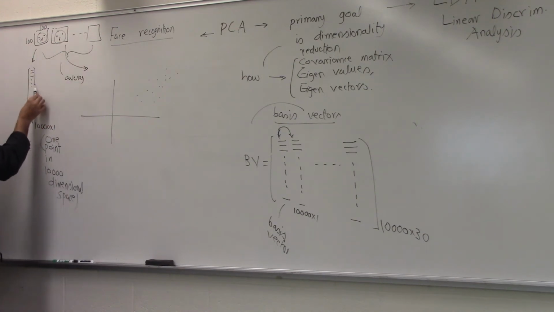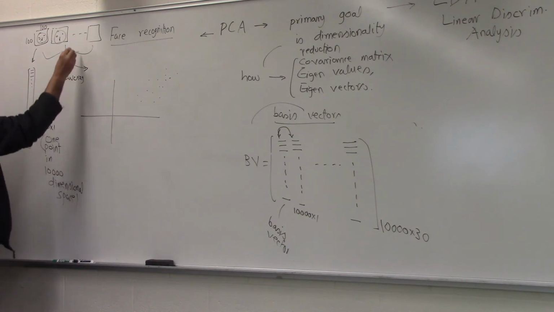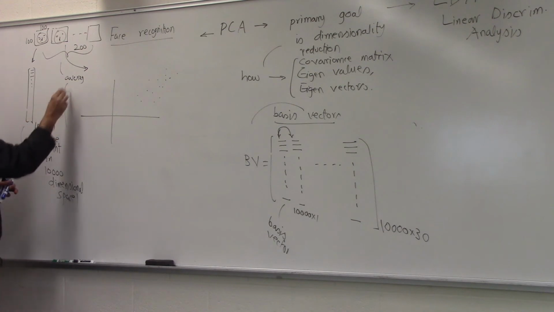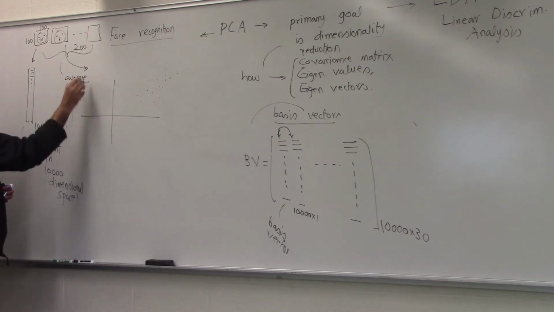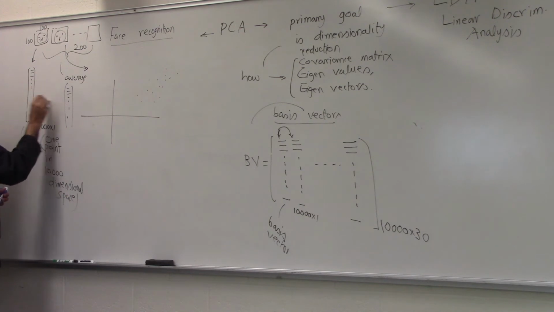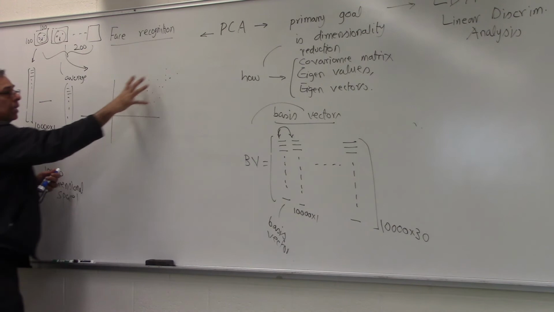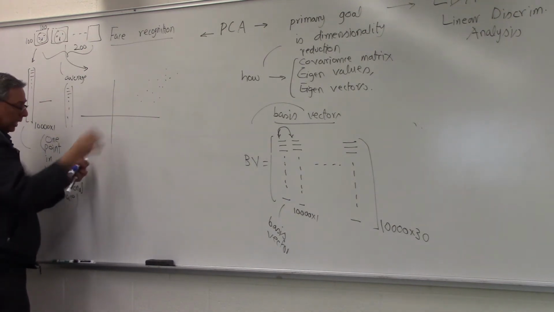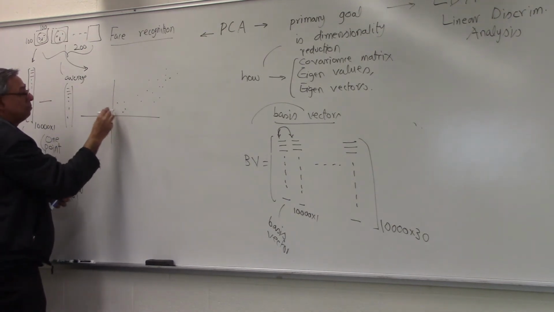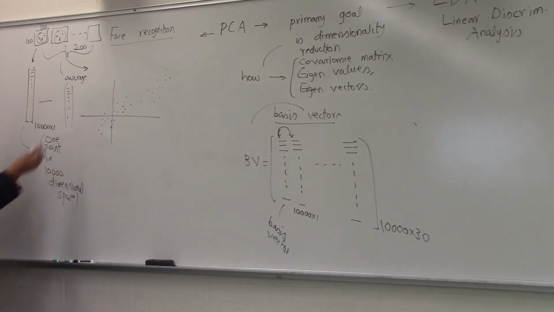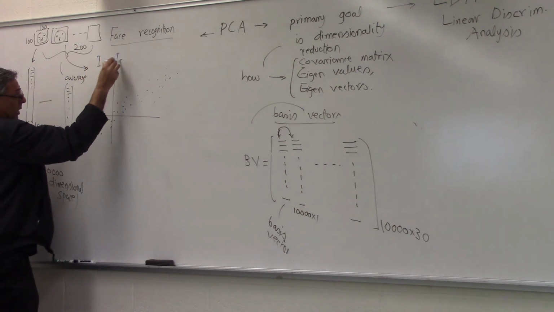If I have 10,000 by 1, 200 of these, and I take the average of the top row of 200, then the second, and compose that, and then subtract the average from each data item, then what will be the effect? It will get shifted over here. So that's the first step that the PCA does, right? Basically we do I minus I average.